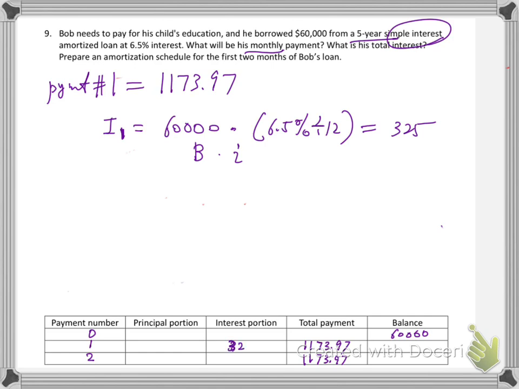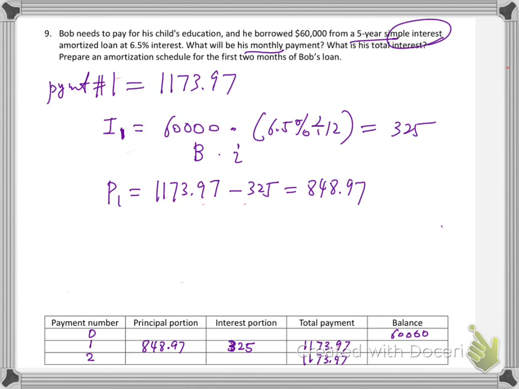Now what's the principal portion? It is the monthly payment minus the interest part. Then I got 848.97. So this is our principal portion for the first payment, 848.97.